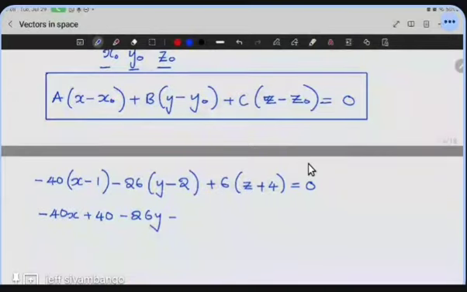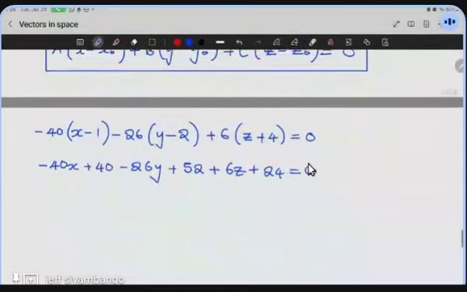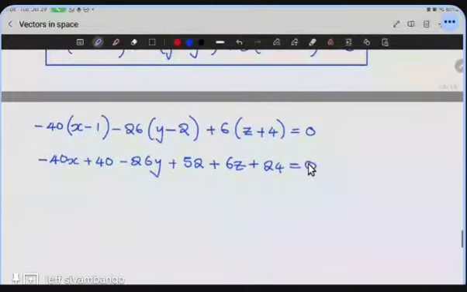So you have plus 52, 6z, then that will be 24, is equal to 0. So can we arrange? I'll leave the numbers on the left, take the variables to the right. I have 40 plus 52 plus 24.